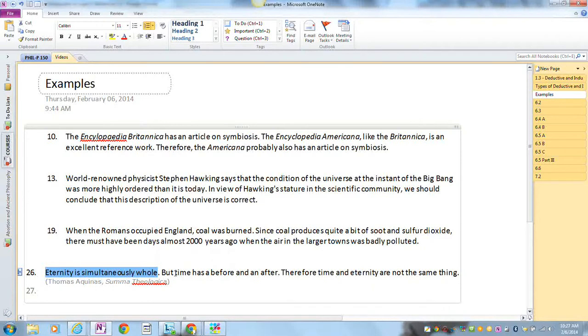And time, on the other hand, has that property. So eternity doesn't have the property of having a before and after. Time has the property of having a before and after. So it follows with absolute certainty that time and eternity are not the same thing. Okay, it's as if you were comparing information that you have about two people whose name is John Smith, let's say, and you come to know that the first John Smith is married.